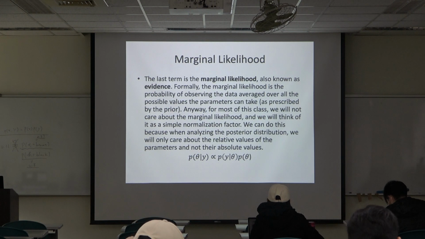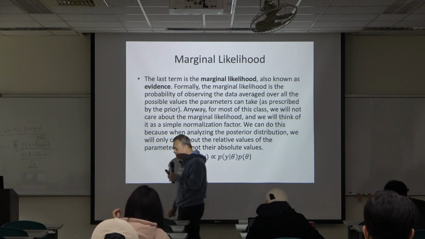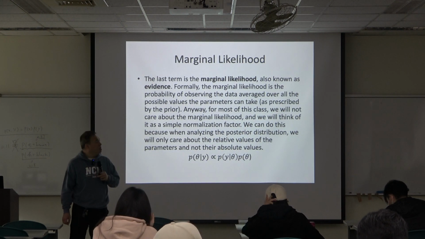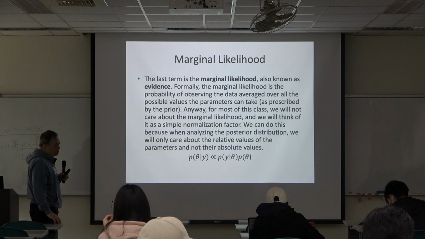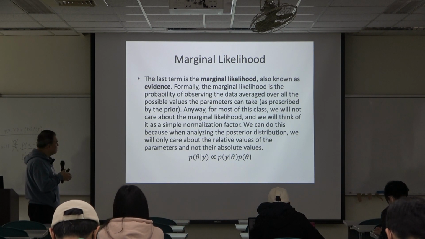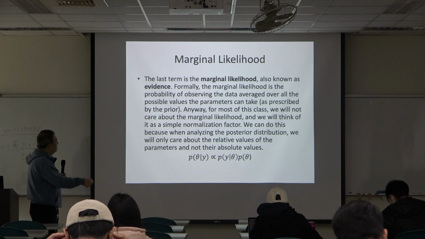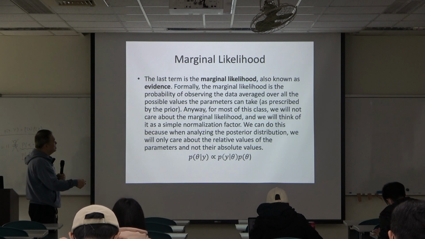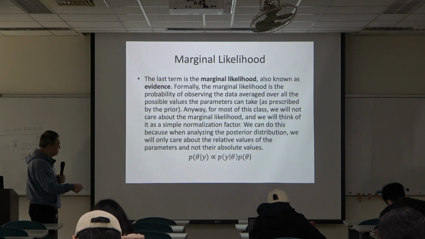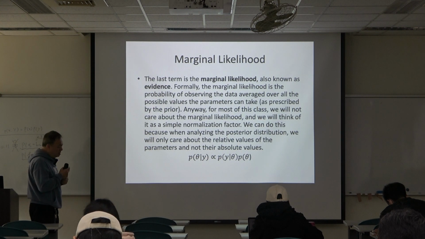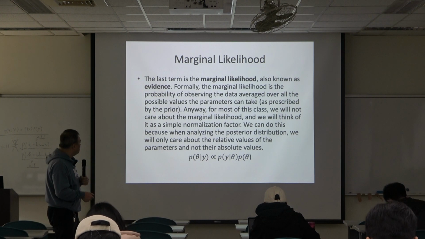Okay, so let's continue. Last term, the marginal likelihood, also known as evidence. This is the probability of observing the data averaged over all possible values the parameters can take, because it is not conditioned on certain parameters anyway.